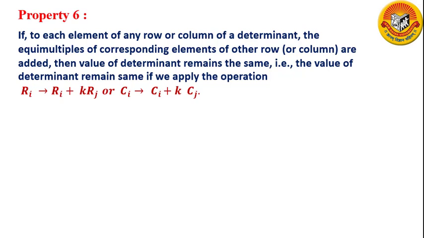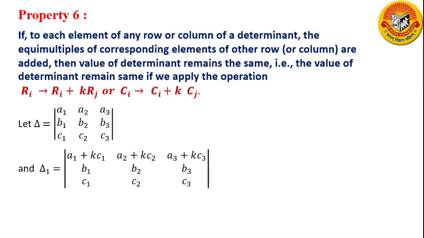That is, the value remains the same if we apply the operation Ri plus k times Rj, or Ci plus k times Cj. See here, suppose I have one determinant, delta, A1, A2, A3, B1, B2, B3, C1, C2, C3. Its value is delta.